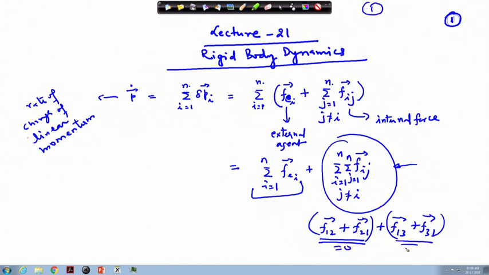So, this will be 0, this will be 0. Overall this term is equal to 0, and therefore this vanishes. So, the effect of the internal forces we have already neglected while deriving the equation of motion for the rigid body.